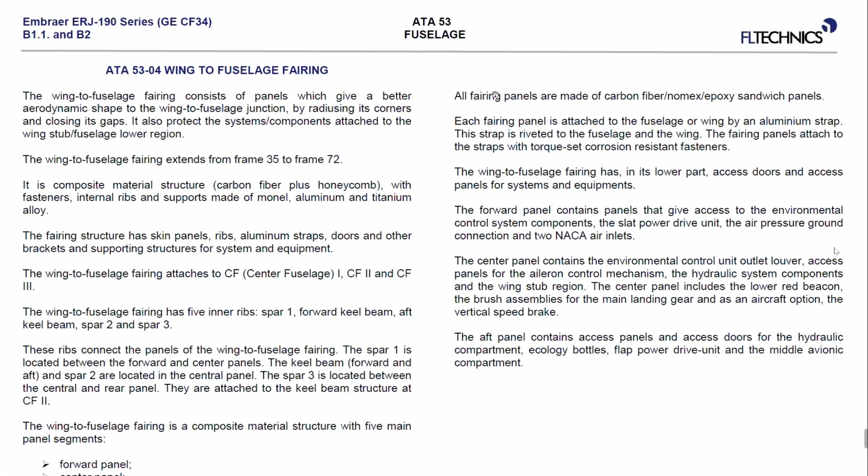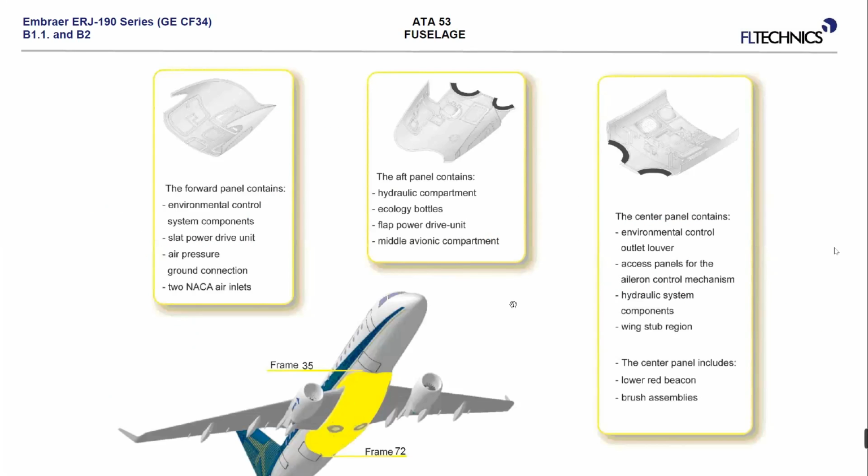All fairing panels, as we said, are made of carbon fiber Nomex epoxy sandwich panels. And we have differences between the different panels. We have totally 3 big panels: forward panel, center panel, and the aft panel. It is a very difficult job, believe me, when for access you have to remove these big panels.